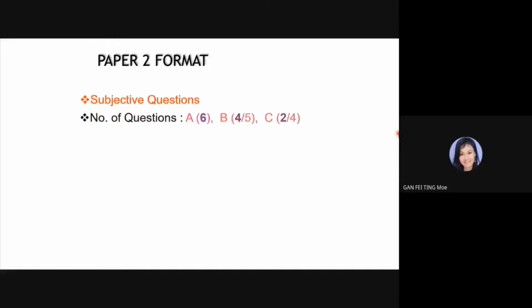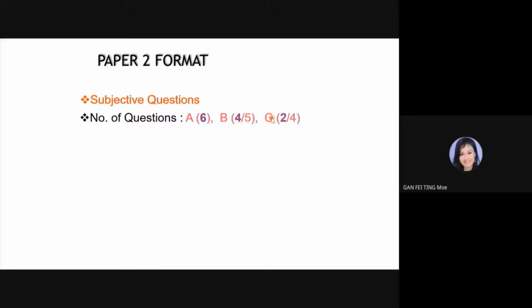This is the format of paper 1, and the format of paper 2, the subjective questions. There are 3 sections: section A, section B, and section C. Section A has 6 compulsory questions. Section B is given 5 questions, 4 compulsory to answer.